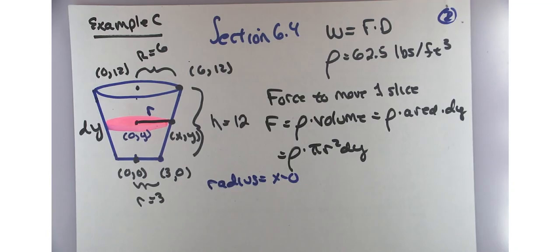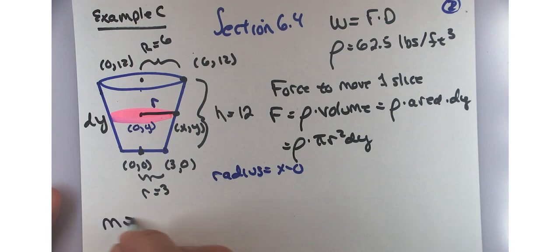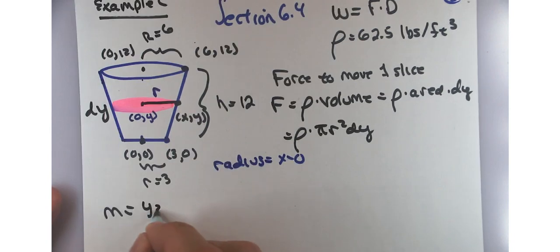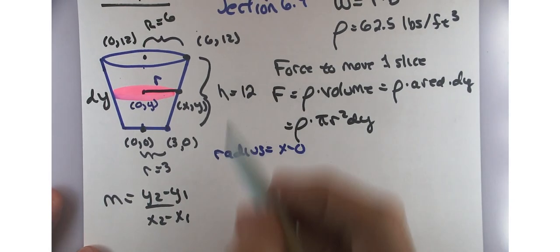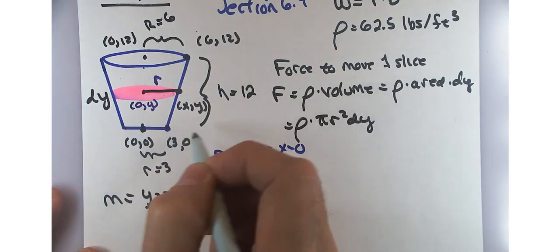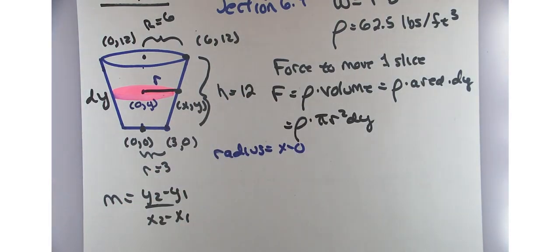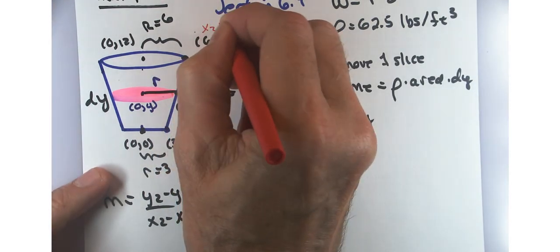A couple ways you can do this. One thing that you're going to need, first of all, is the slope of that line. Slope is going to be your y2 minus y1 over x2 minus x1. I'm just going to call this my x2, y2, and this is my x1, y1. Those are the points I'm going to use to find the equation of the line between these 2 points.